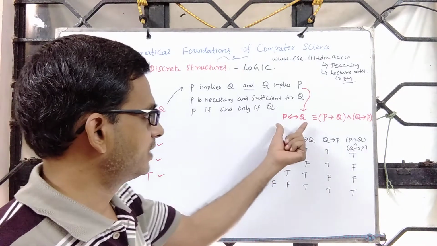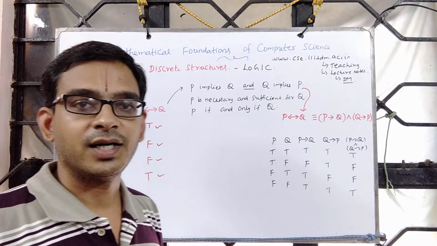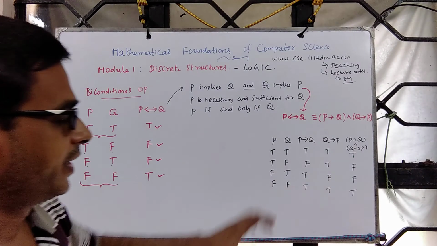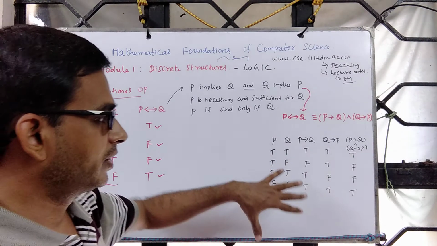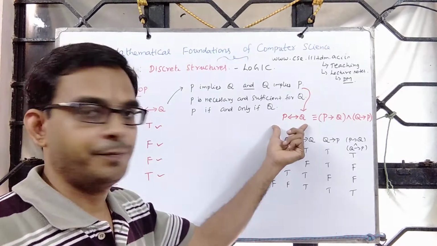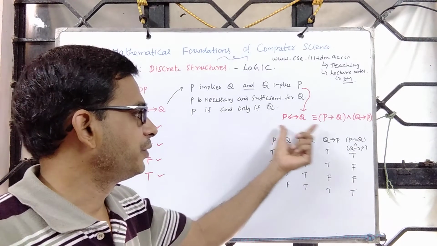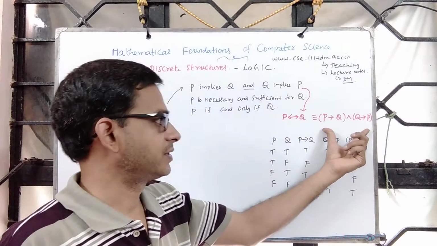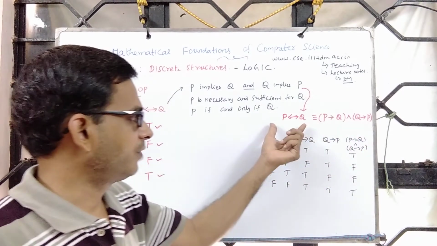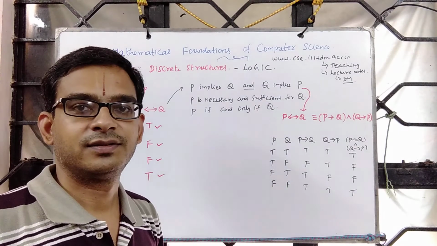Therefore, this one and this one are logically equivalent, which means in a logical context or an argument, if we find the expression P biconditional Q, you can always replace that with this. Equivalently, if you find this, you can always replace it with this. Fine?